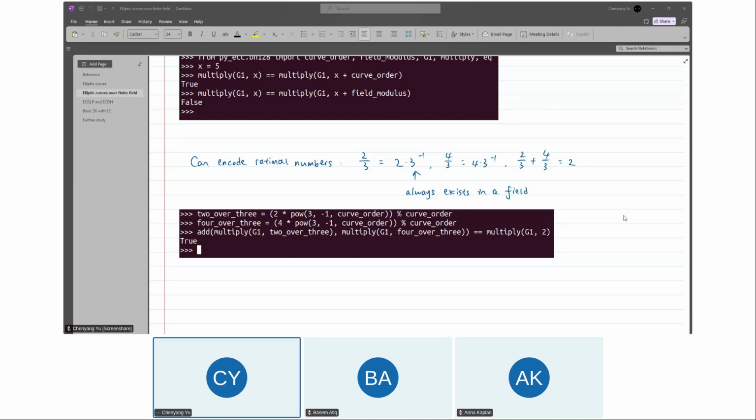Floating point. I don't think the problem is the computer. I think the problem is Ethereum, actually.